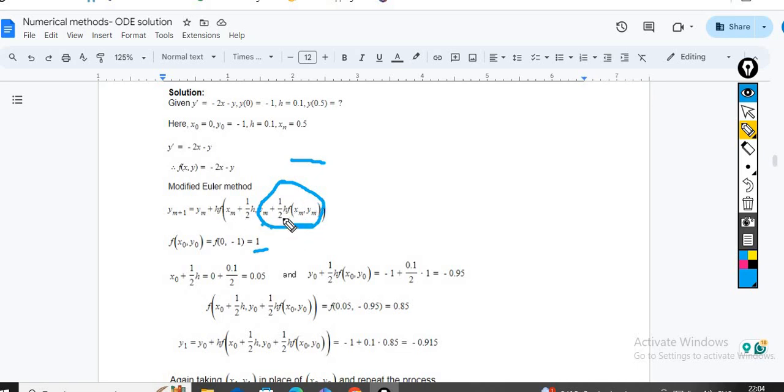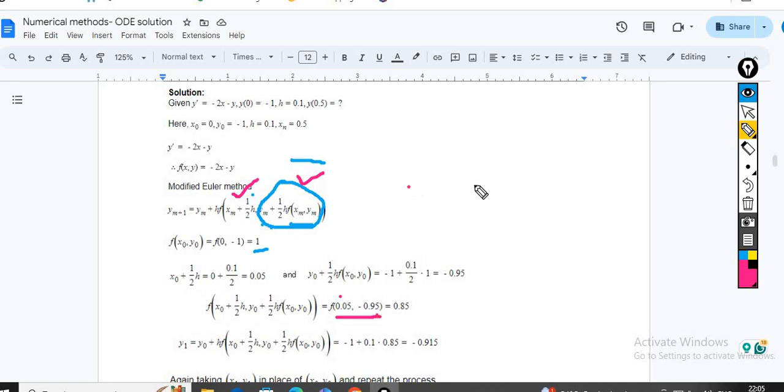So put the values in the function. This whole will be considered as the x value, and this whole will be considered as the y value. So put these values and you will get that. Now the x value is 0.05 and y is minus 0.95.